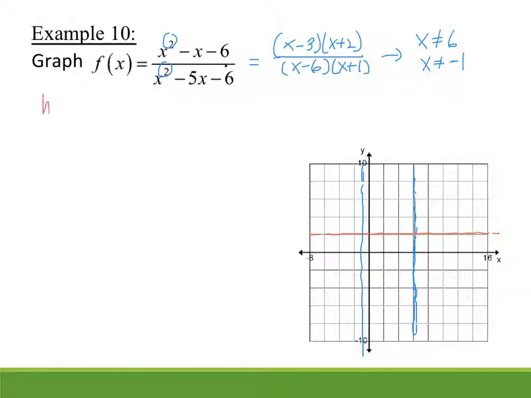So the horizontal asymptote is f of x equal to 1 as x approaches infinity or x approaches negative infinity. Now we have three pieces of our graph.